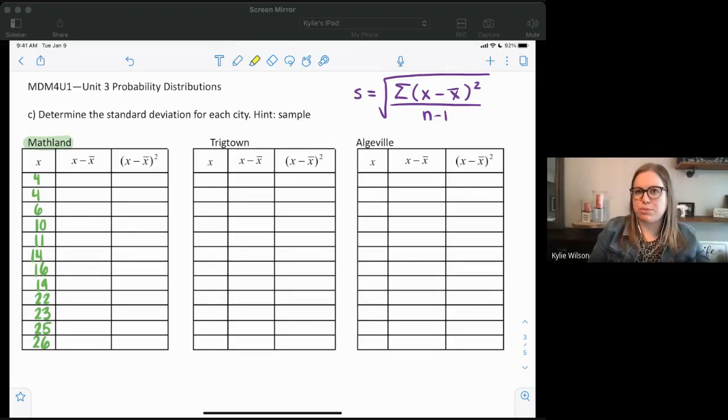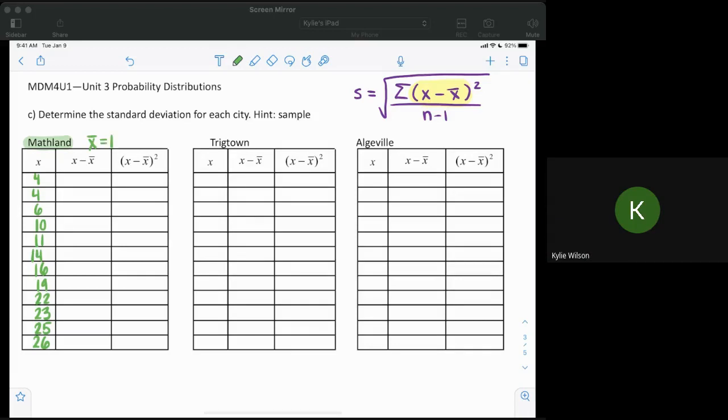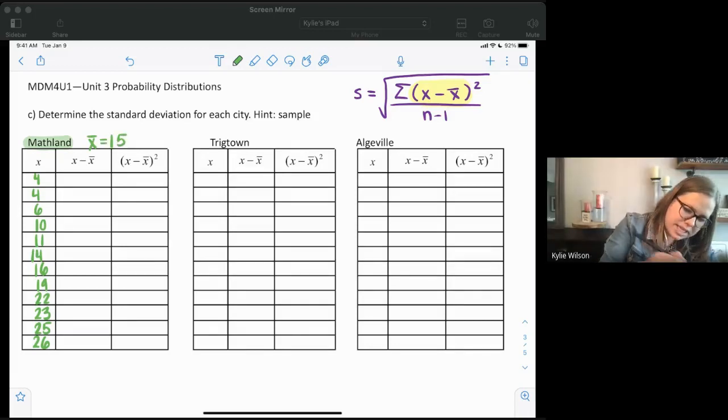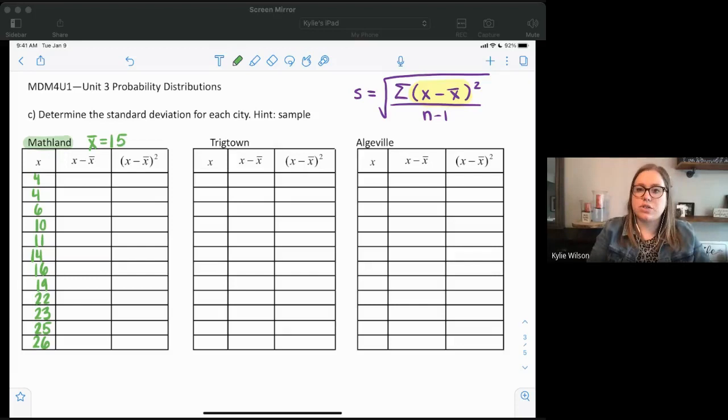Now, the next thing I want to do is the inside part of the brackets first. So I'm going to take each of my data points and subtract the mean. Just as a reminder from above, our mean is 15. So I'm just going to subtract 15 from all of those data points.